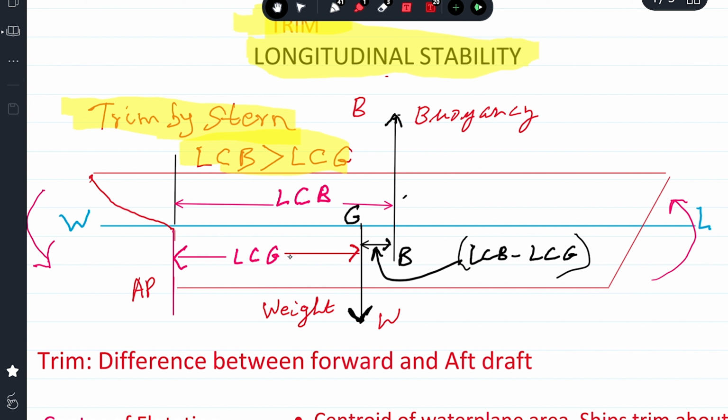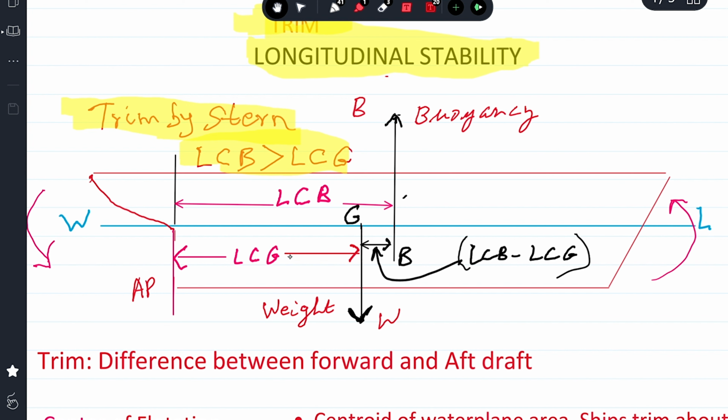So you can see now there is a difference between LCB and LCG, which is equal to BG here. This BG is nothing but LCB minus LCG.